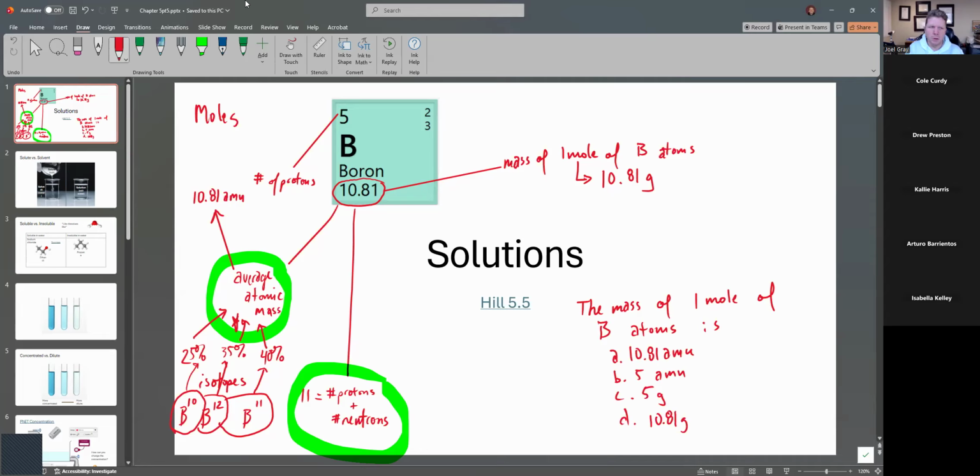I would want you to, right from the jump, just go ahead and say, well, 5 is wrong, because I'm talking about mass, and this number reflects the number of protons. That 5 is the number of protons.